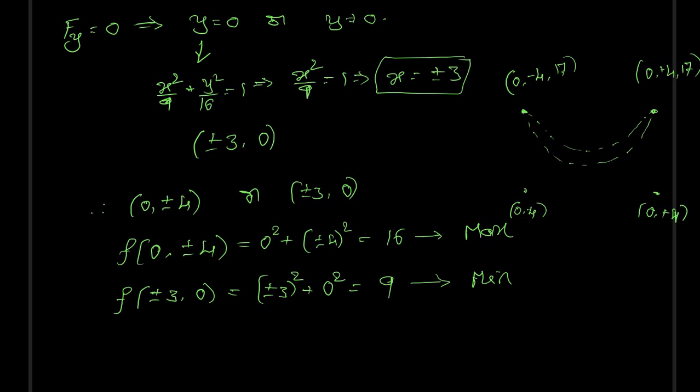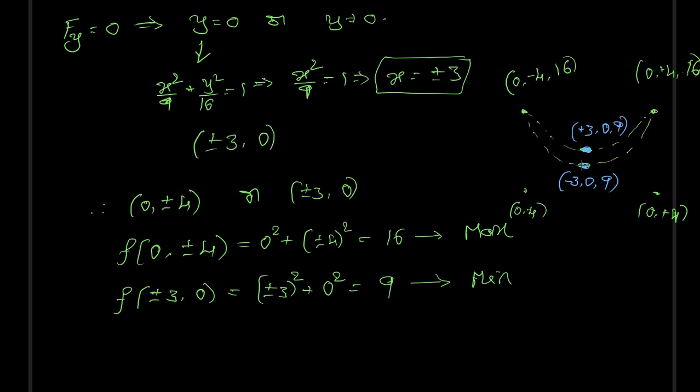Sorry, not 17, 16. And how about these two points? Here it has a minimum. The points of minimum are minus 3 comma 0 comma 9 and plus 3 comma 0 comma 9.